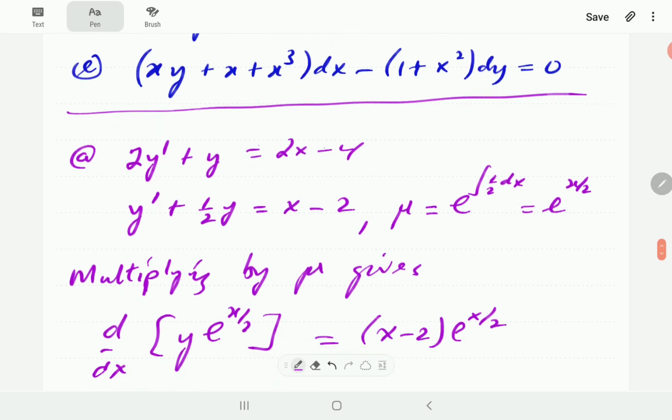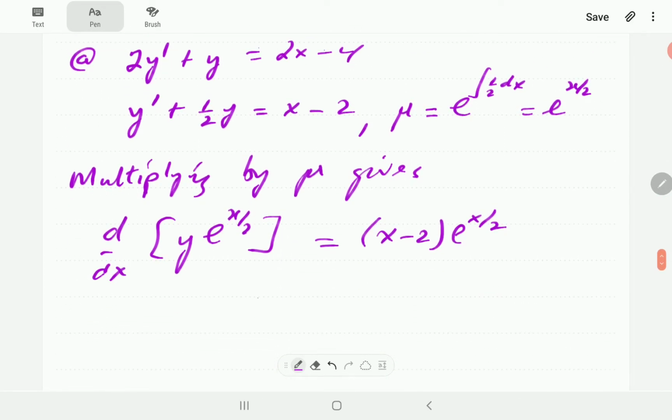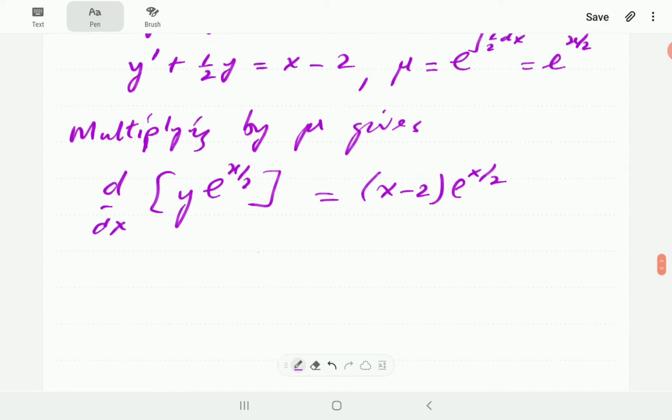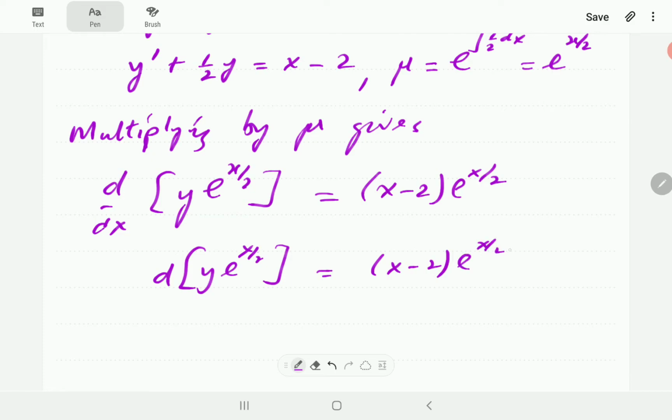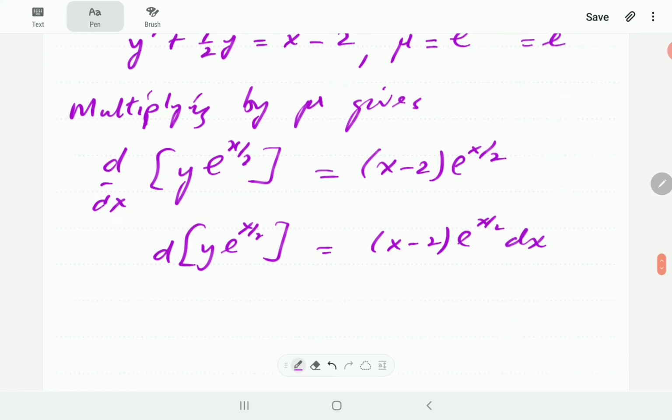And then on the left hand side, we've got an exact derivative. So this we can integrate. So if you like, if we take dx to the other side, so we've got d of y e to the x over 2 equal x minus 2 dx.